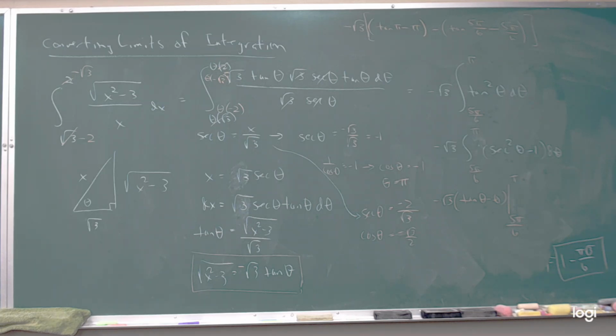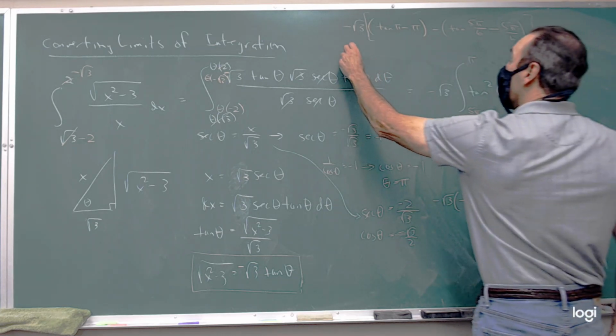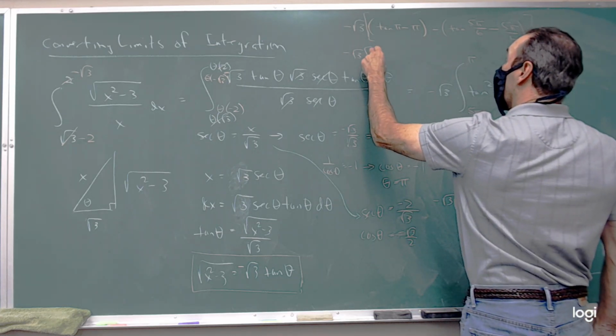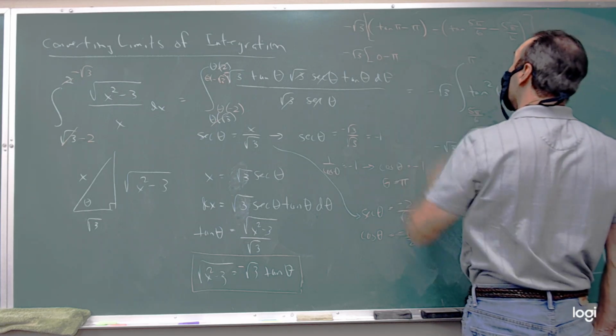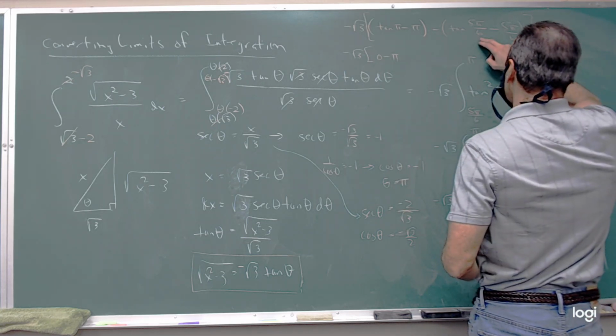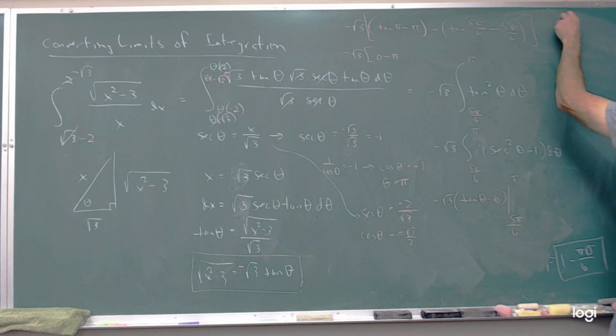Okay, tangent of pi is 0. Well, that was nice. So with the negative square root of 3, we got 0 minus pi. Let's see, tangent of 5 pi over 6, we have sine 5 pi over 6 over cosine 5 pi over 6.